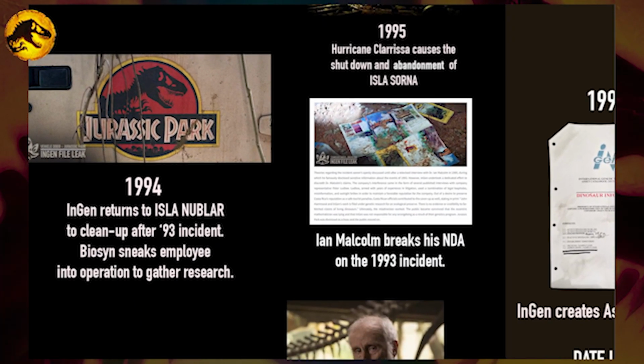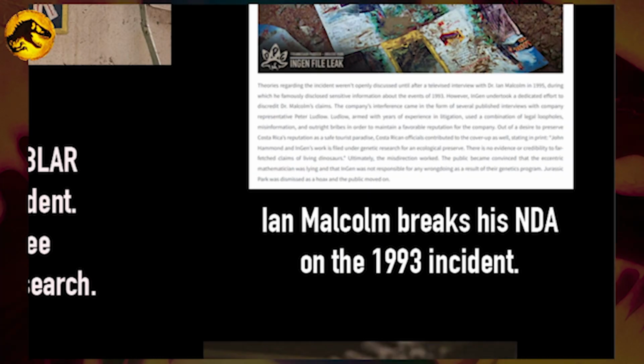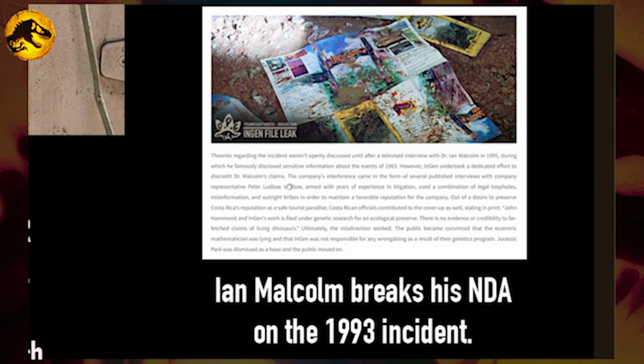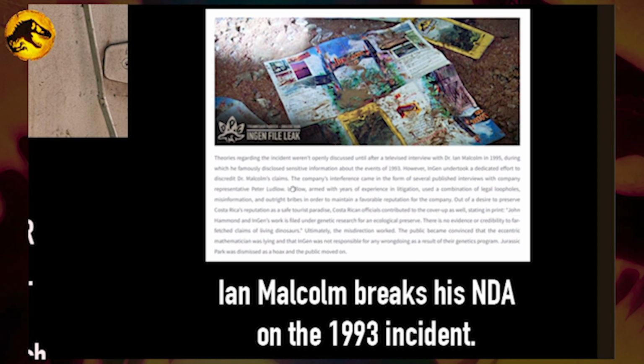Now it says here, Ian Malcolm breaks his NDA about the 1993 incident. Jeff Goldblum's character in the movie decided, I can't be silent about this anymore, and this is revealed on the Dinosaur Protection Group website via the Old Park incident report.